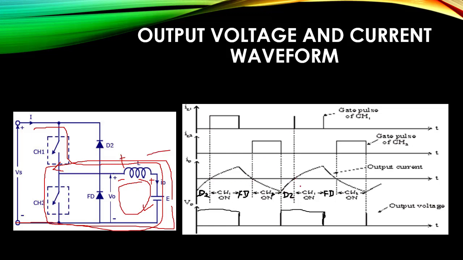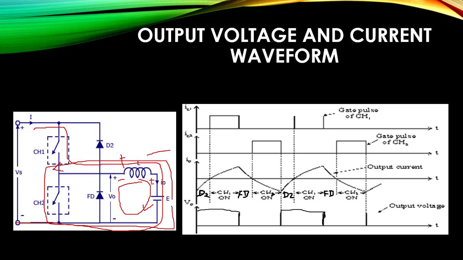Like this, you can draw for all the cycles. Before CH1, D2 would have been conducting. So this is the waveform for the output current.